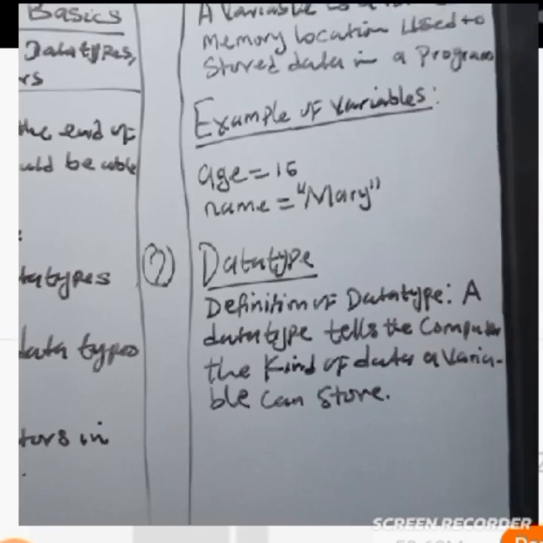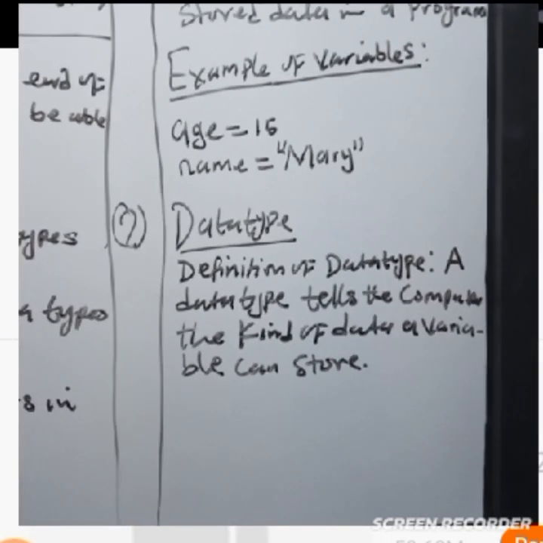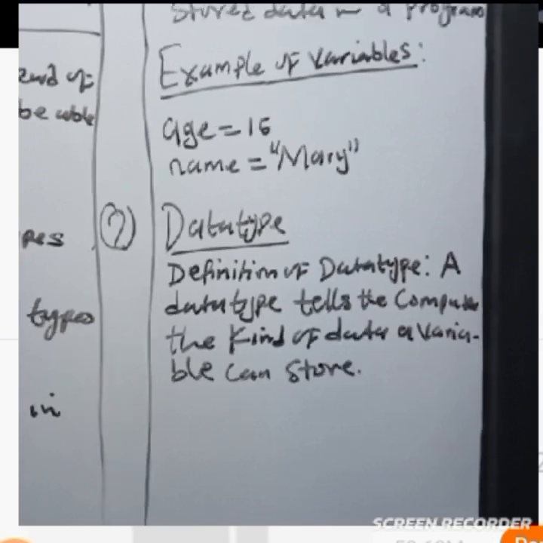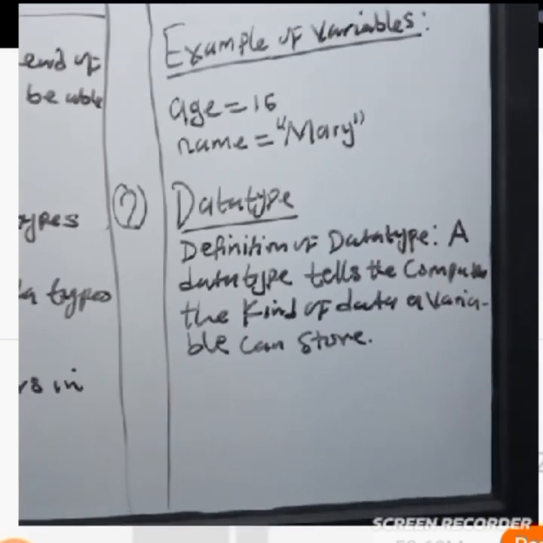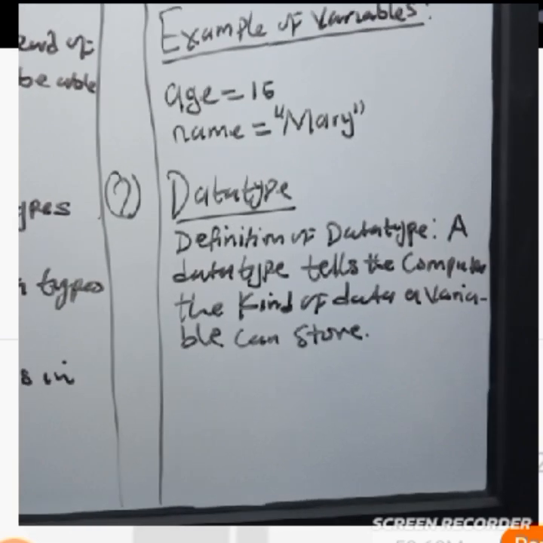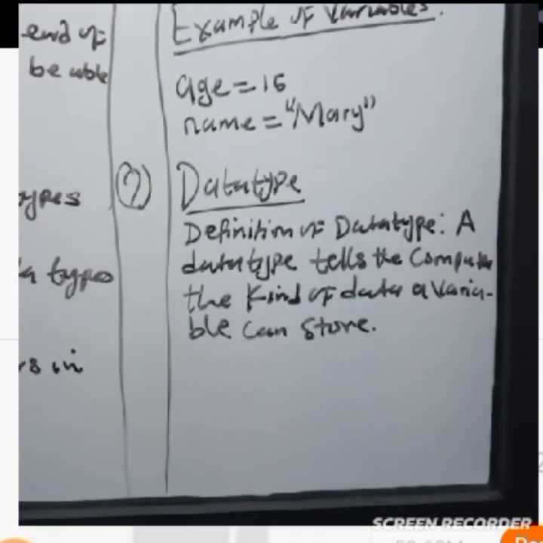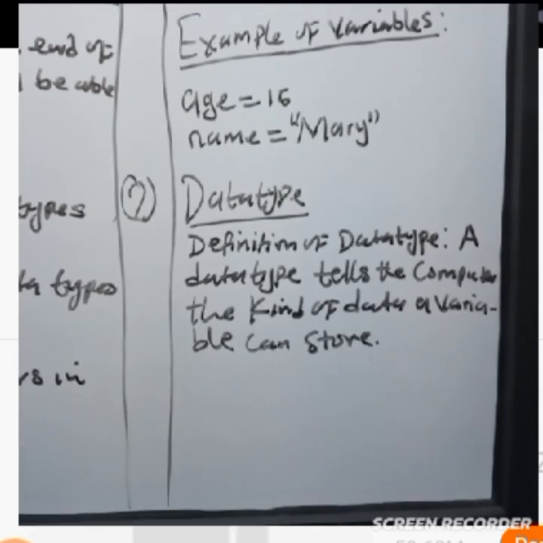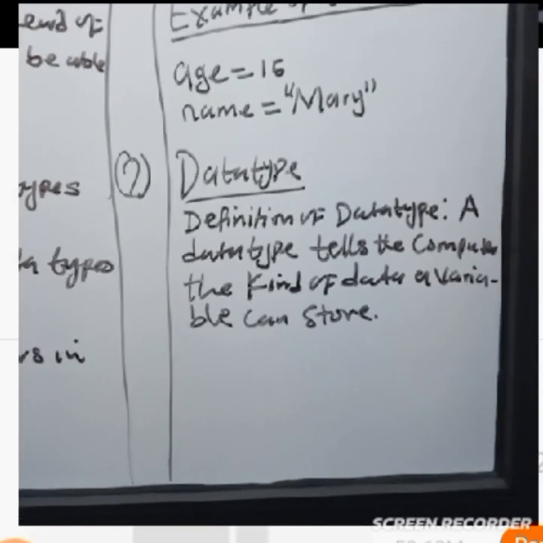The equal sign means store this value inside the variable. I hope that is taken. The equal sign you see means store this value inside the variable. That is what the equal sign means.